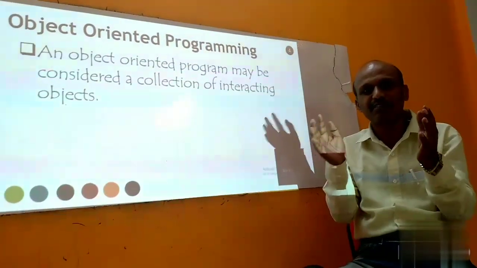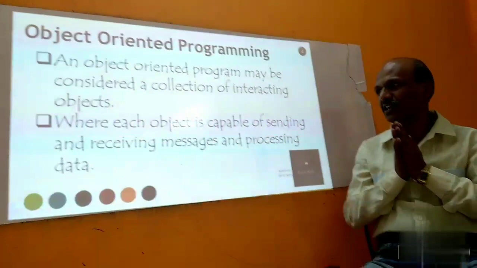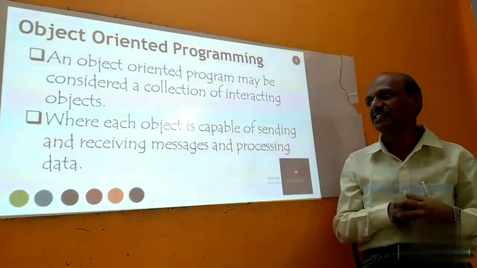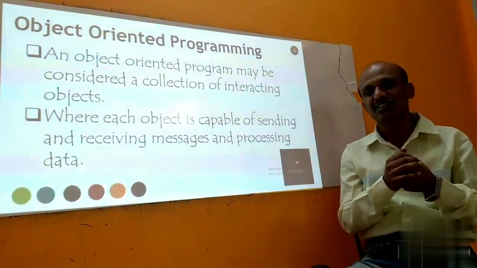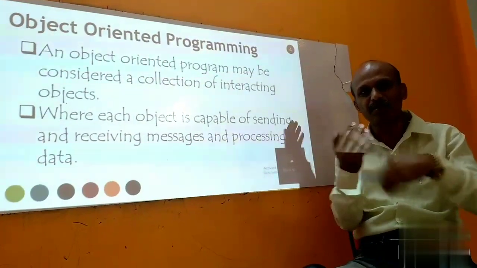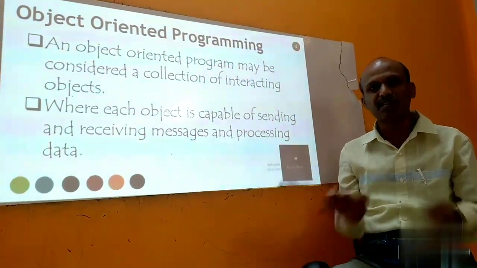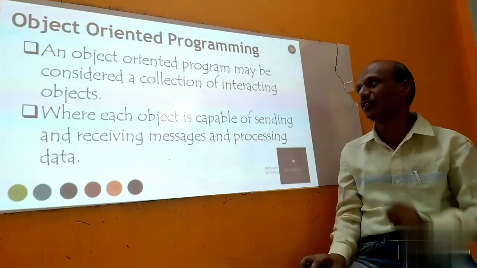These objects are capable of sending and receiving messages, and through them they are processing the data. Means data is revolving around the objects instead of procedures. But now we are going to see in detail what do you mean by these objects.